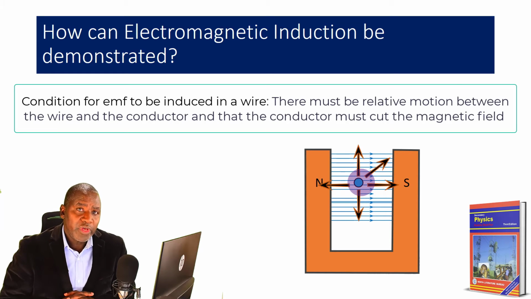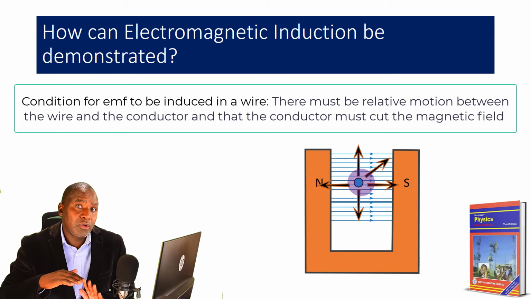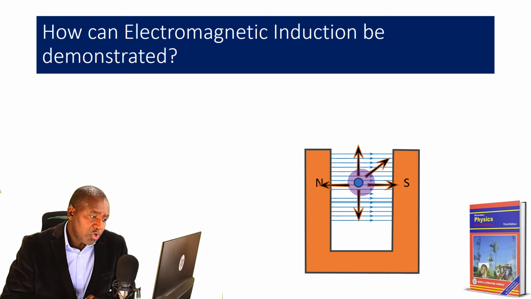Of course, there is no EMF induced if the conductor is stationary, or if it moves, but it moves in such a way that it moves parallel to the magnetic field lines, in such a way that it does not cut the magnetic field lines. Remember, the idea of the conductor cutting the magnetic field lines is very important. And there is no way it can cut the magnetic field lines if it doesn't move. But there is a way it can move, but it does not cut the magnetic field lines.